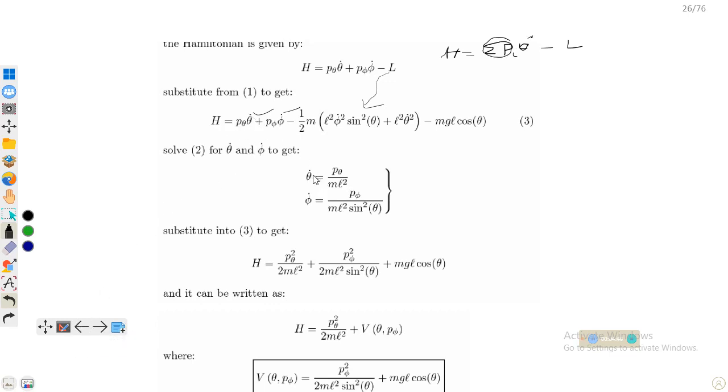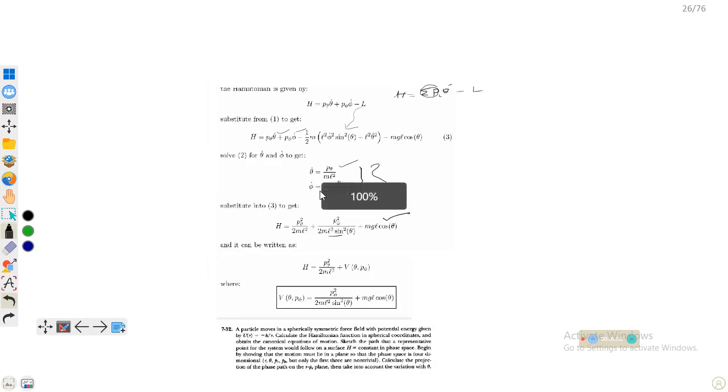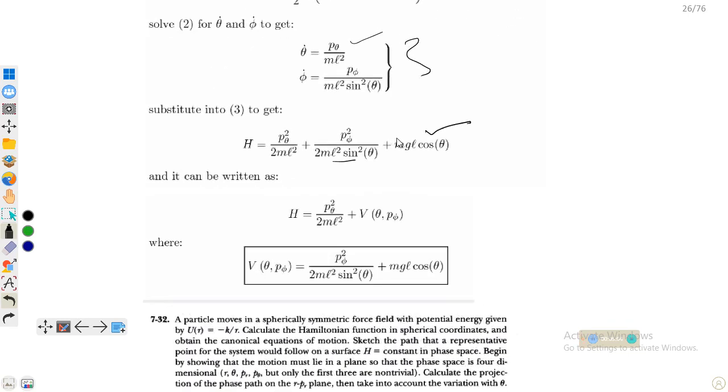So we know that theta dot is equal to this and phi dot is equal to this, and using these theta dot and phi dot in this equation will give H equal to p theta square over 2 m L square plus p phi square over this and this term. It can be further simplified as p theta square over 2 m L square plus an effective potential, as given in the statement of the question, which will be equal to V of theta and p phi.